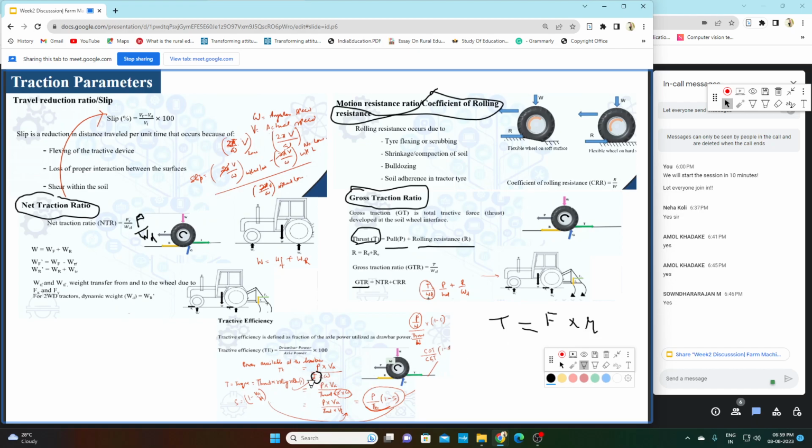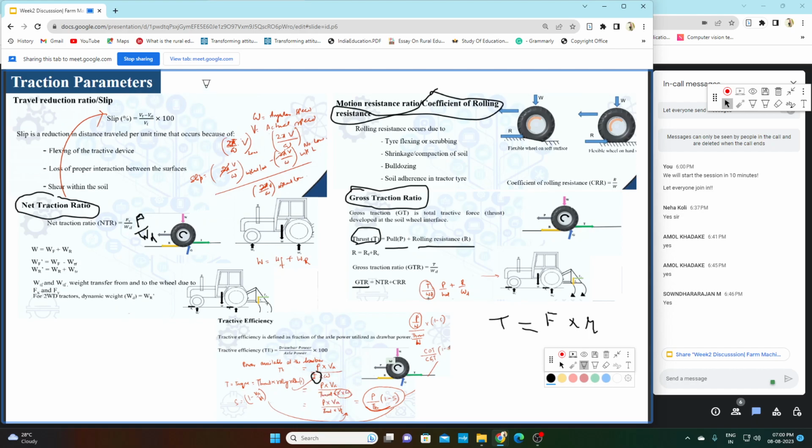So this torque I am dividing into thrust force into radius. And what is this radius into omega? Radius into omega is your theoretical speed. So your tractive efficiency will be equal to pull by thrust into Va by Vt.